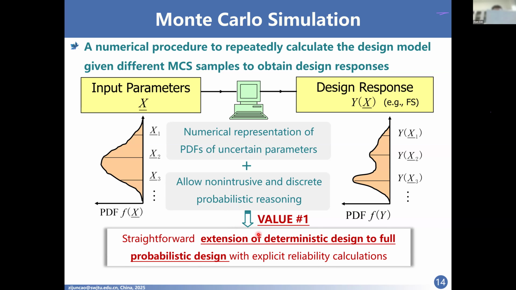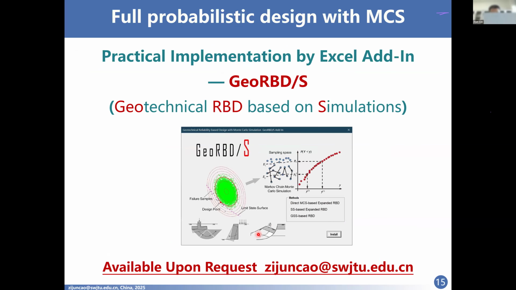To improve the practicality of Monte Carlo simulation-based reliability-based design, some toolboxes can be developed, such as the Excel add-in that we developed in our previous study. We call it GeoRBDS, geotechnical reliability-based design based on simulations.